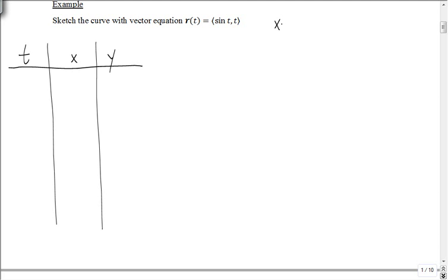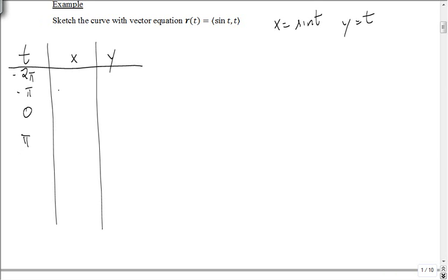And remember, x is sine t, y is t. And then let's go from minus 2 pi to 2 pi. You remember how you sketched the curve corresponding to parametric equations? You should have done that in Calc 2. It's the same thing we're doing here. So 0, pi.